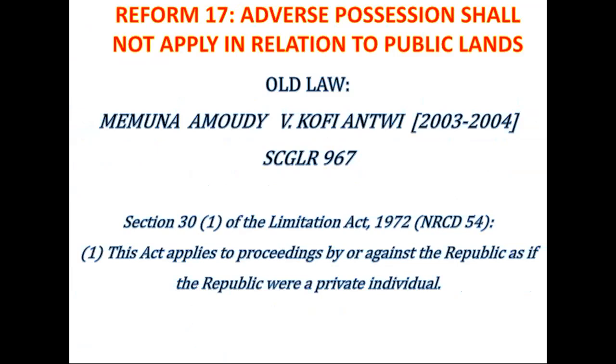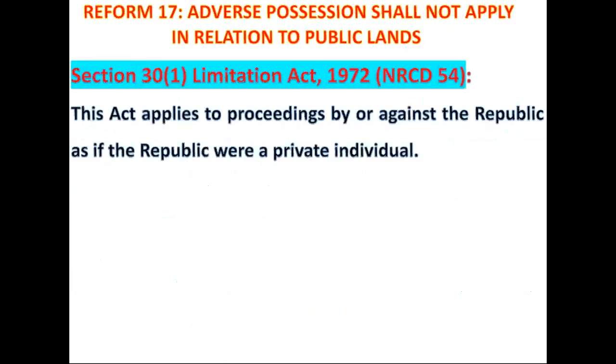You know, this case came about because of section 30, subsection 1 of the Limitation Act of 1972, NRCD 54. If you read section 30, subsection 1 of the Limitation Act, it says that the Act applies to proceedings by or against the Republic, as if the Republic were a private individual.